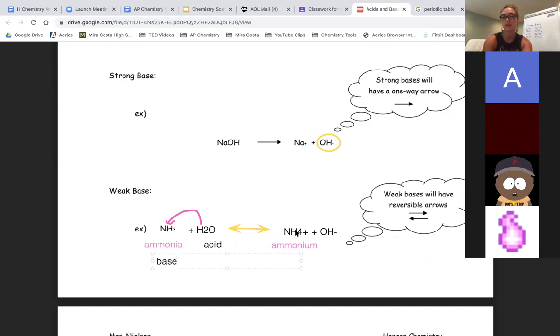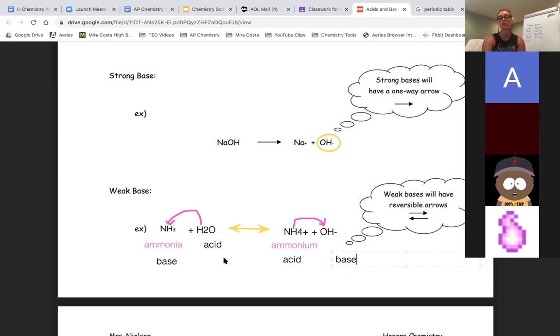And in the reverse reaction, you can see that the hydrogen is leaving ammonium and going to the hydroxide. So in the reverse reaction, ammonium is the acid and hydroxide is acting like the base.